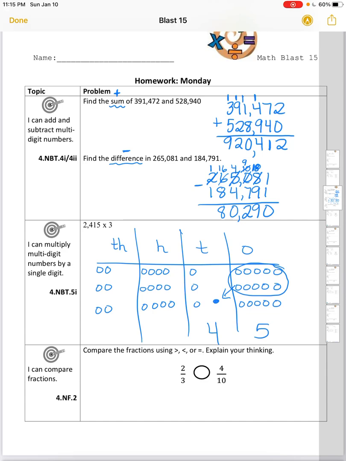And when I look in my hundreds place, I have 12, so I'll bundle up 10 of those, turn those into a larger unit, 1,000, and I was left with 2 hundreds, and there's 7 thousands there. So the product, the answer to my multiplication problem, is 7,245.